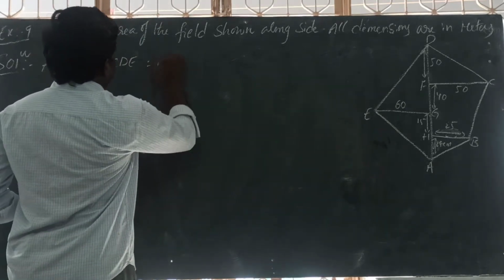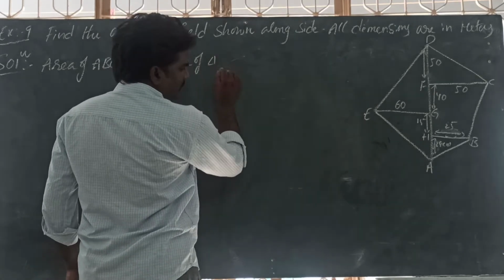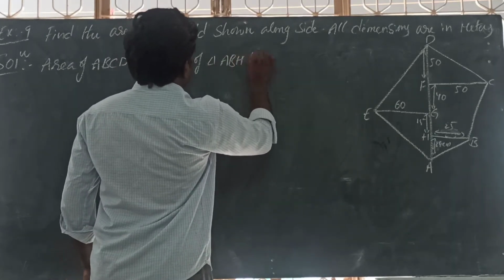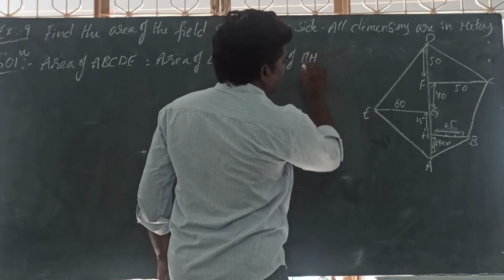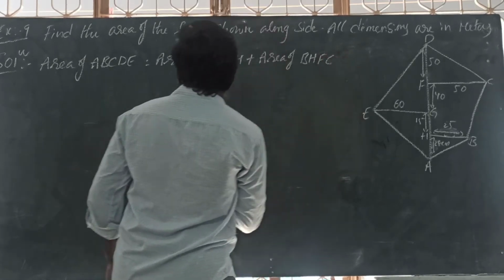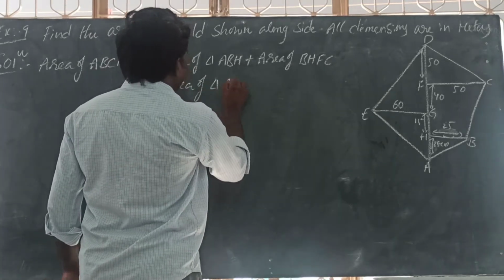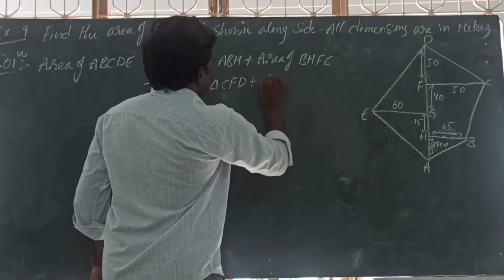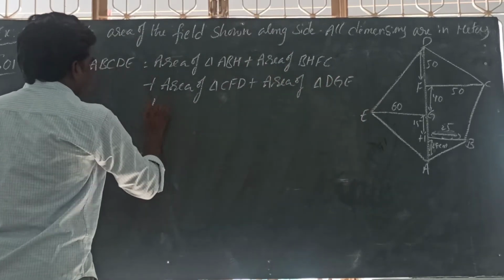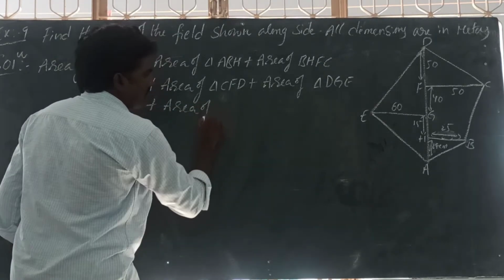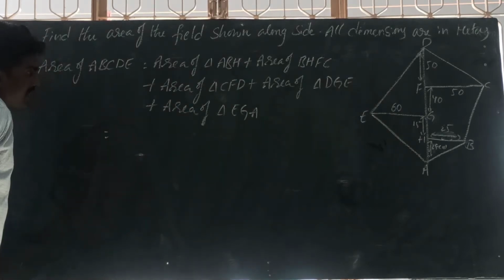So that is area of triangle ABH plus area of trapezium BHFC plus area of triangle CFD plus area of triangle DGE plus area of triangle EGA.